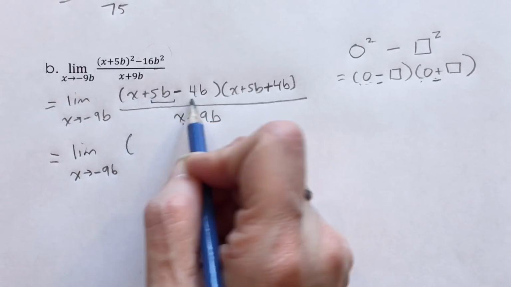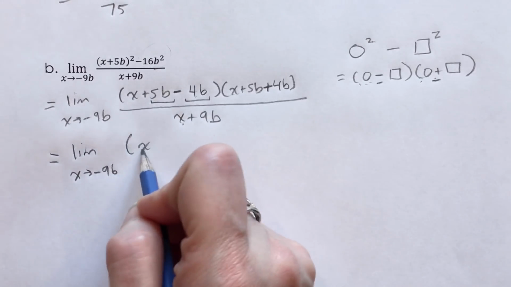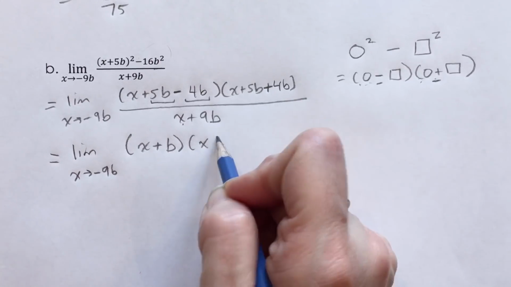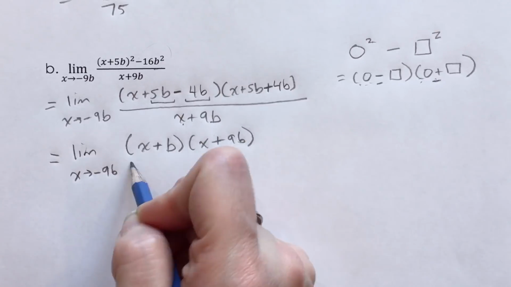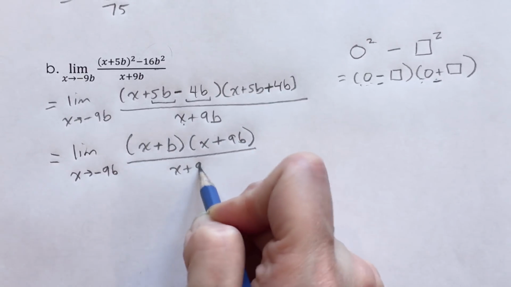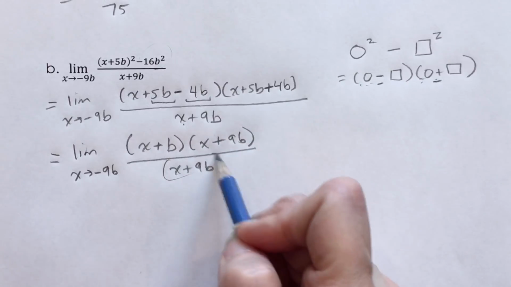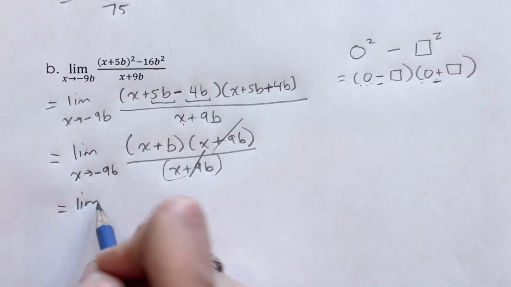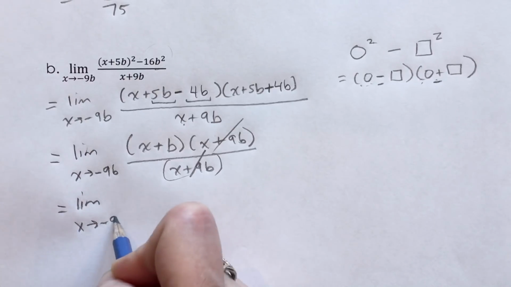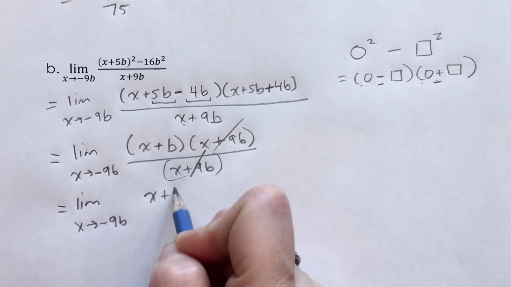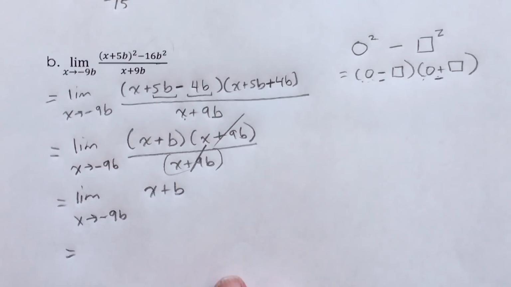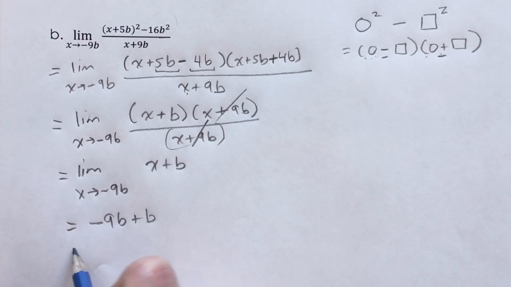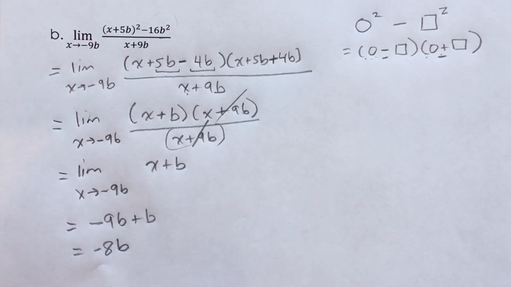We've got some like terms here, so that's going to just end up being x plus b, and here x plus 9b over x plus 9b, so that's what we wanted to have happen, so that these divide out. So now it's safe to let x approach negative 9b. And we end up with the limit being negative 8b.